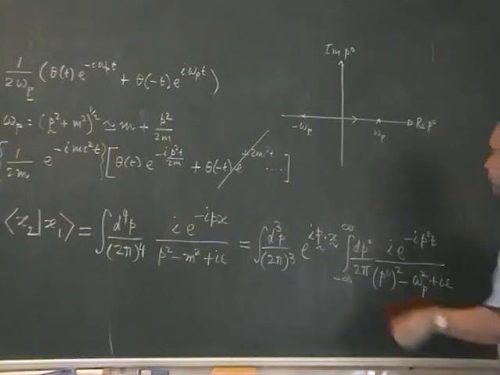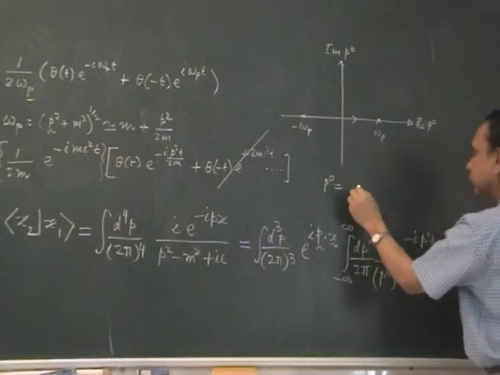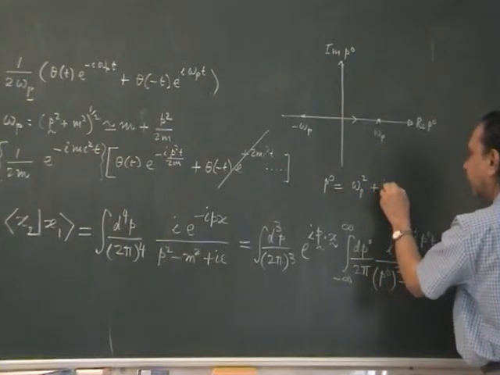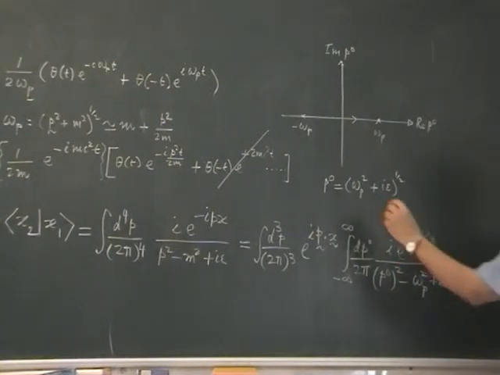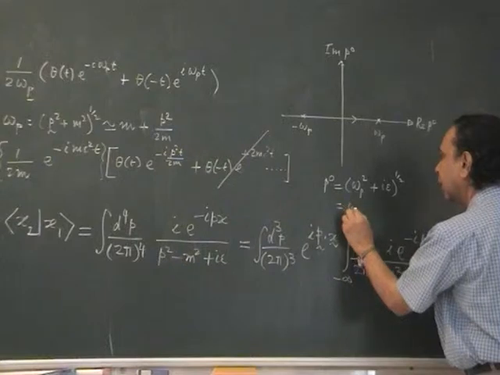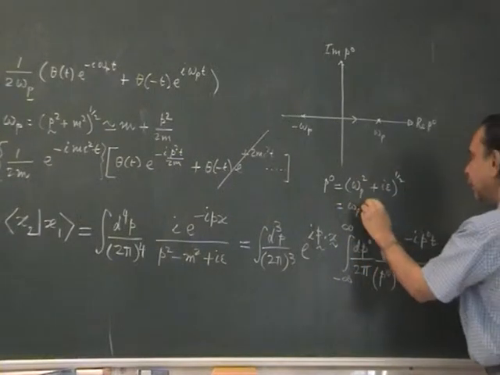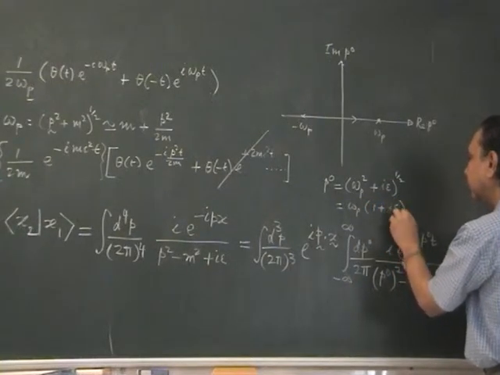Okay, so where are the poles now? Let us do that. Omega p square plus i epsilon raised to half. Okay, so what happens here is you pull this omega p out, taking the positive square root. Then you have again 1 plus i epsilon here.